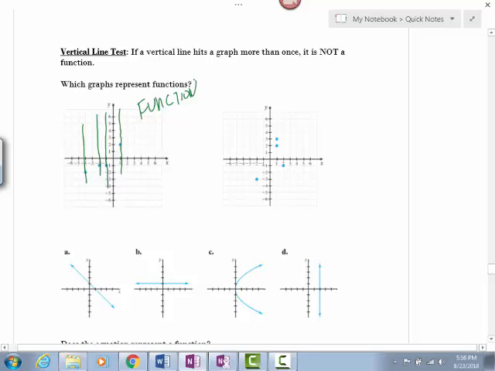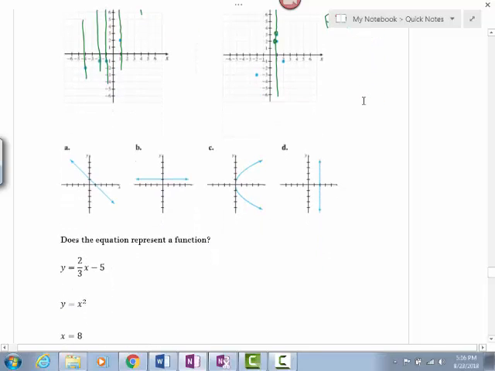When I look at the second graph over here and I draw my vertical line, if you notice, we hit the graph twice. So this one here is not a function. Okay. Again, if I look at the same thing for my graphs A, B, C, and D, every time I draw a vertical line, I'm only hitting it one time.